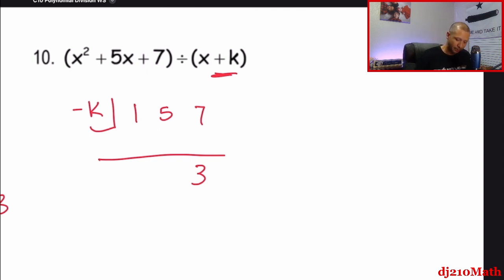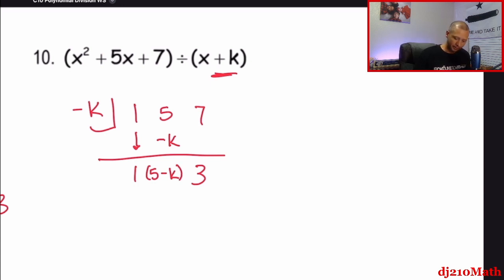We bring down 1. We times, so this is going to be negative k. When we add, we're going to get 5 minus k, or negative k plus 5, which is the same thing. When we multiply by negative k, this is negative k times 5 minus k.